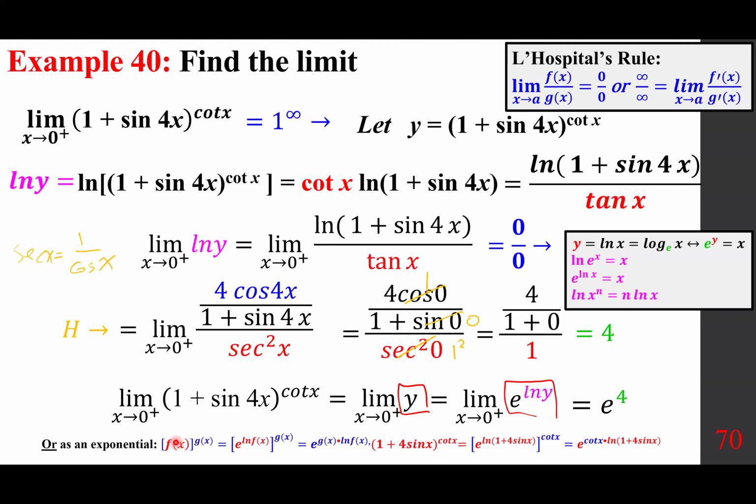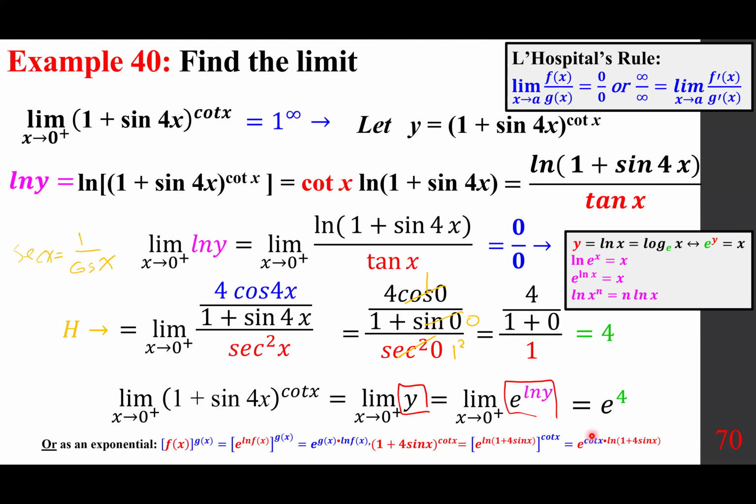As an exponential format, reminding you f to the power of g of x means e to the power of ln of f of x to the power of g of x, or e to the power of g of x times ln of f of x. Therefore, this piece is e to the power of ln of 1 plus 4 sine x to the power of cotangent x. That means e to the power of cotangent x, ln of 1 plus 4 sine x.